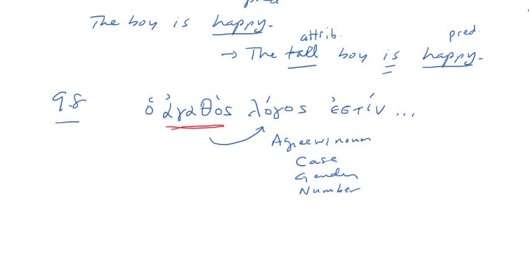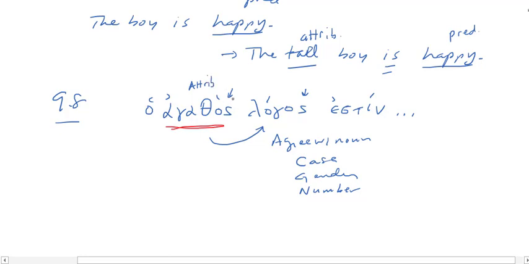Good. Number possibilities. Singular, plural. Okay? So look at logos. I could identify logos as case, gender, and number, can't I? What does that sigma tell me? Nominative, singular, masculine. Notice that my attributive adjective has to agree with it, right? And it is nominative, singular, and masculine. This is a feature of all attributive adjectives. They must agree with the nouns they modify in case, gender, and number. All right?